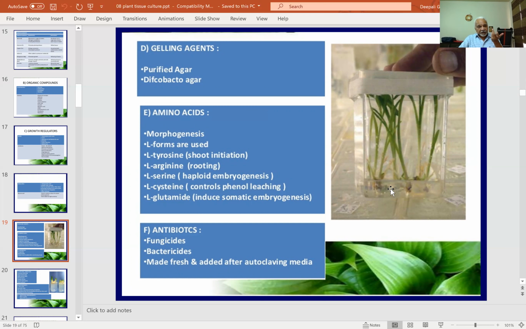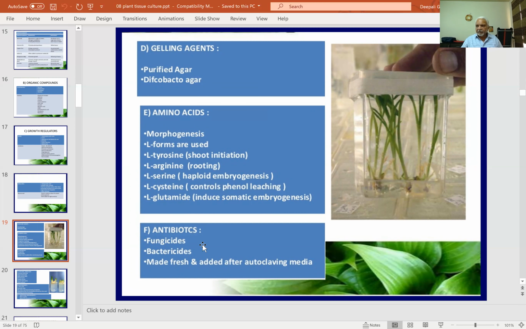And then in some media, amino acids have been used. Although antibiotics are forbidden and not used, in very rare circumstances where the explant is coming from a highly infected source, one can use fungicides or bactericides, but only in very specific cases.